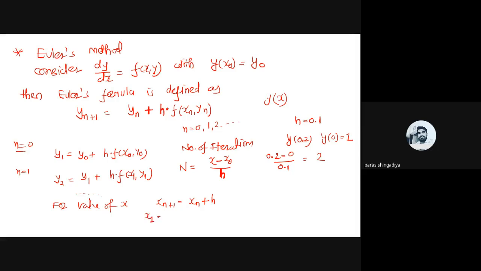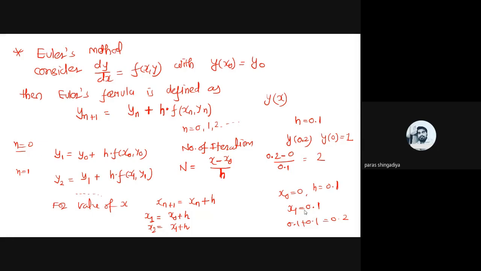So x1 will be x0 plus h. You just add the h value to x0 and you can predict x1. Here x0 is equal to 0, h is 0.1. So what will be x1? That is 0.1. And then for x2, it will be x1 plus h, means 0.1 plus 0.1, that will be 0.2. Then x3, x4, x5 and so on we can predict by using this formula.